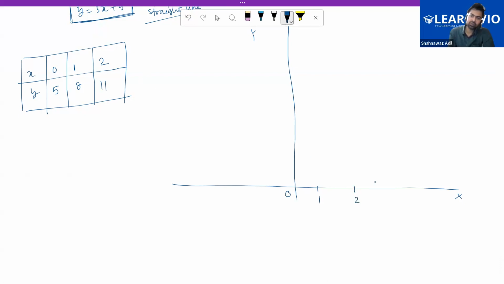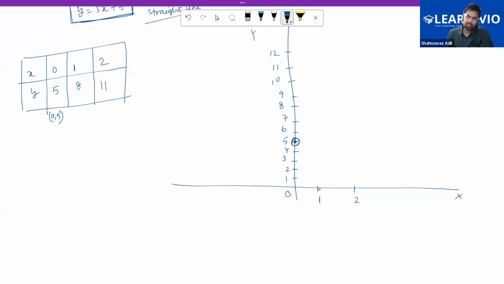We can have 3, 4, 5 as well. And on y, this is 1, 2, 3, 4, 5, 6, 7, 8, 9, 10, 11, and let me write 12 also. The first point is 0, comma 5: x is 0, y is 5, this point.